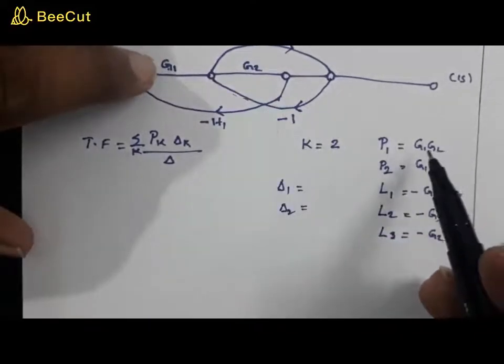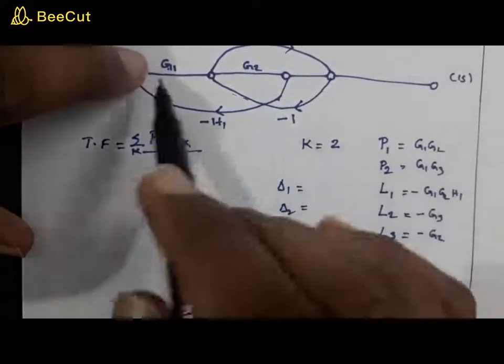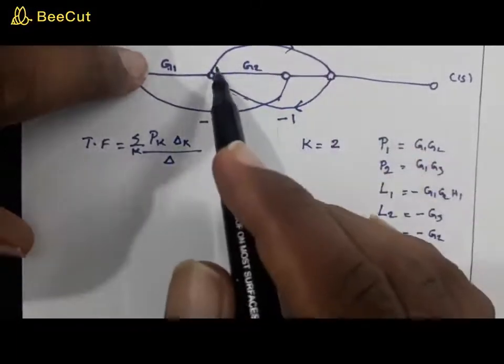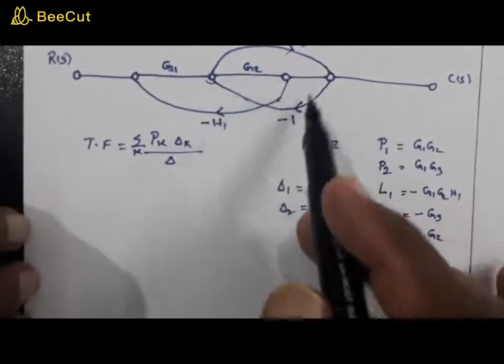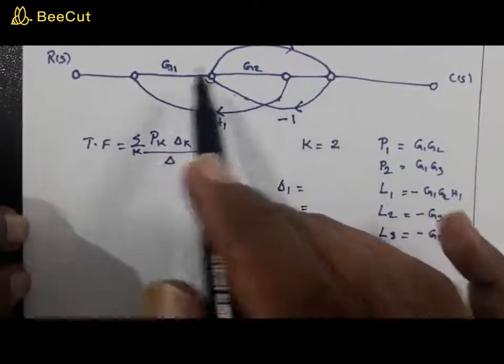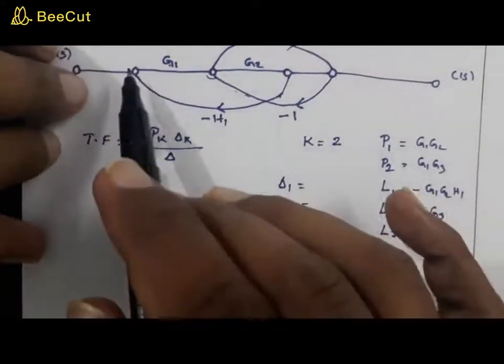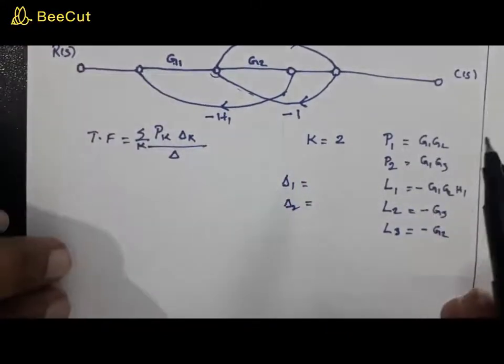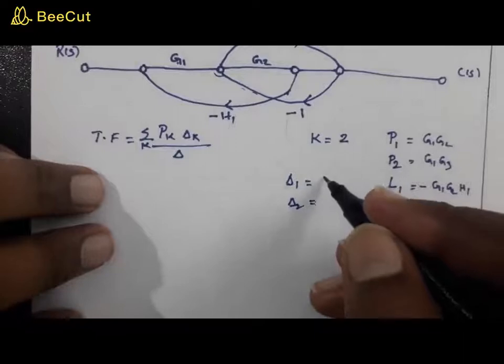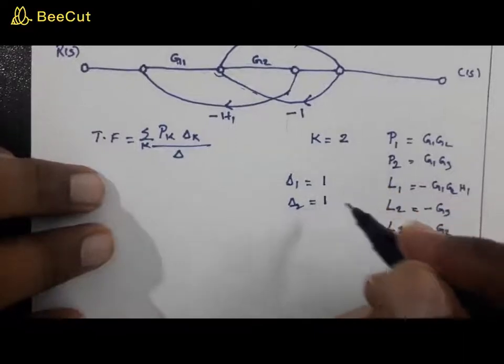Now the path is G1, G3. When you take away this, this knot is removed. That means this loop is also affected. So there are no loops which are independent of this path. Okay, so this will be 1, and this is also 1.